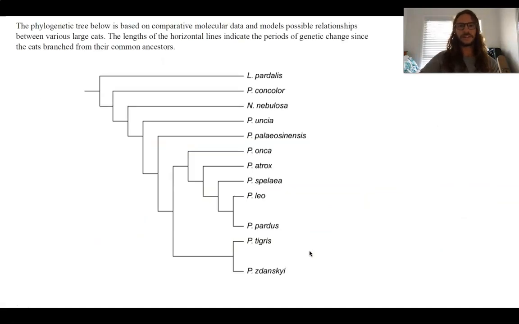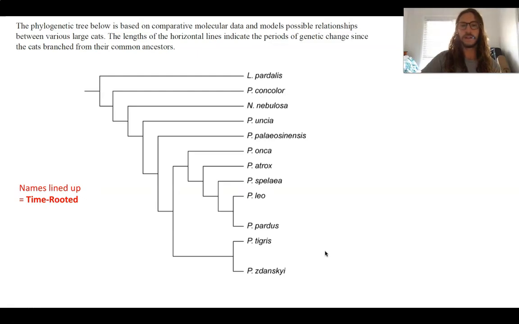With that in mind, let's have a look at a question again from the mock exam. There is a tree here, and it's on large cats, and there will be a question that will come up in a sec. But the first thing that we should be able to do by now is recognize, is this a time-rooted cladogram or a distance-rooted cladogram? Well, the names are all lined up, so it's a time-rooted.